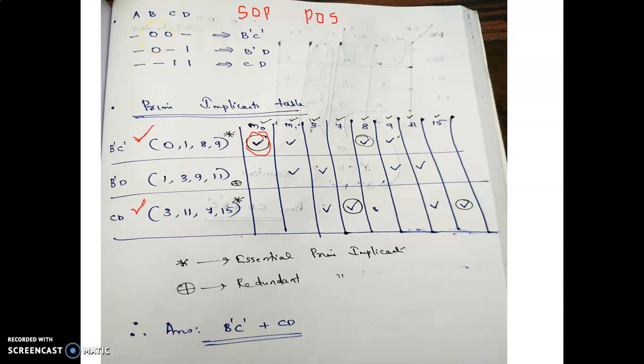It is actually B and C itself, not B bar and C bar. So it will be B plus C. What about this representation? It is B plus D bar.